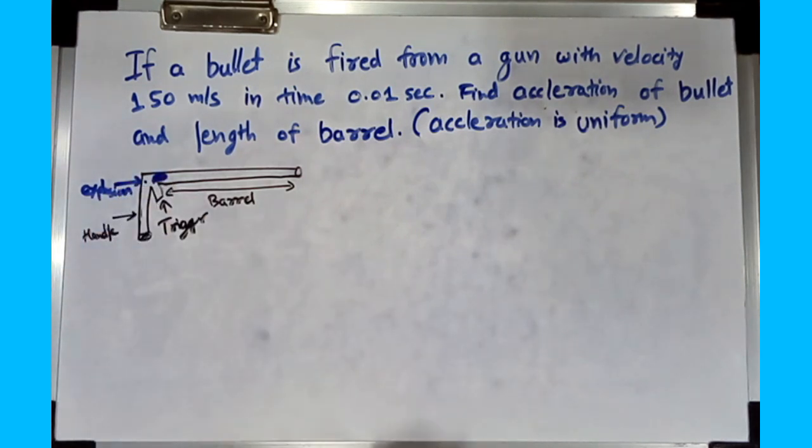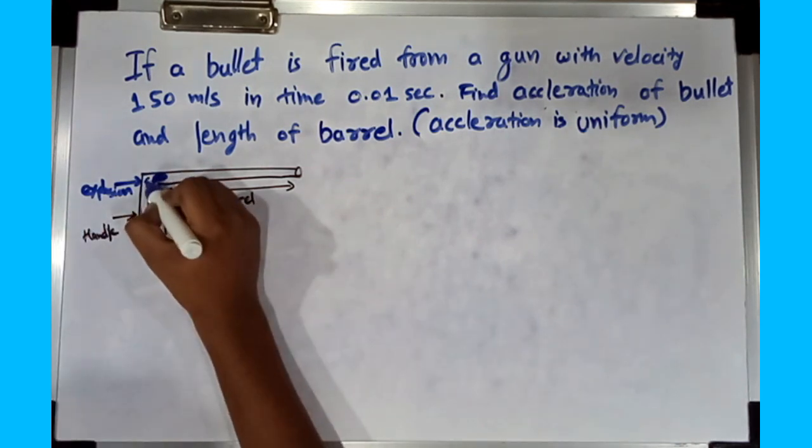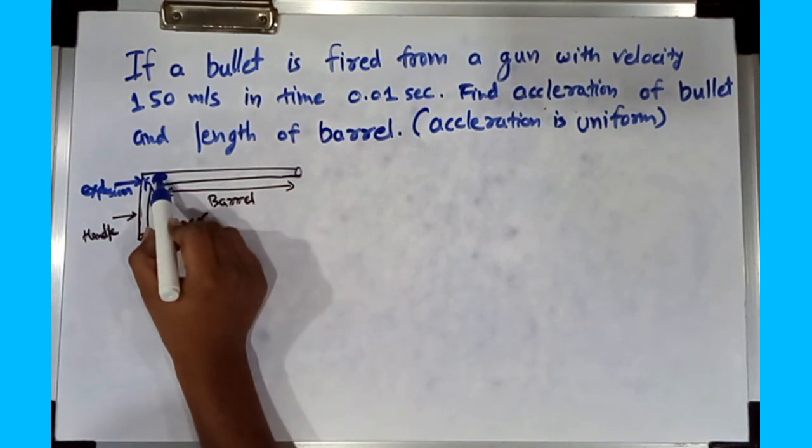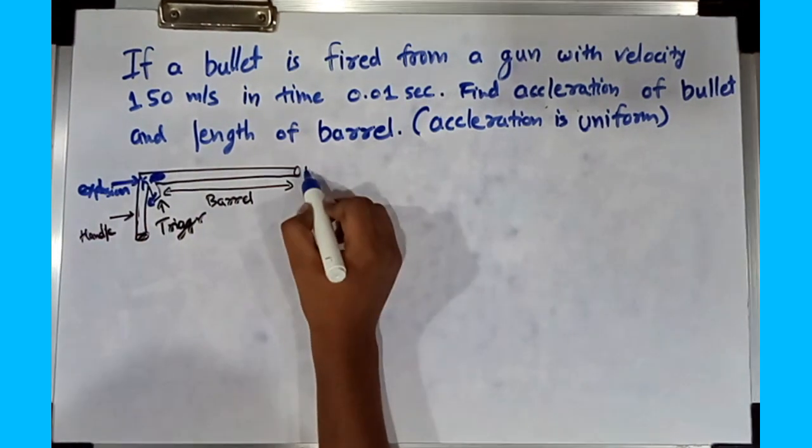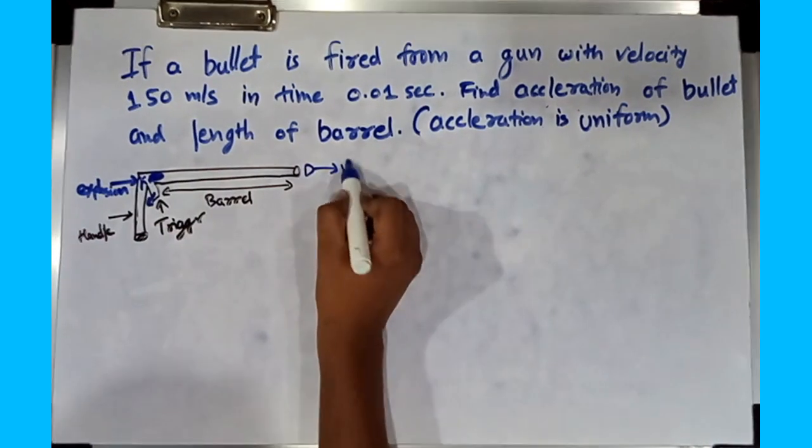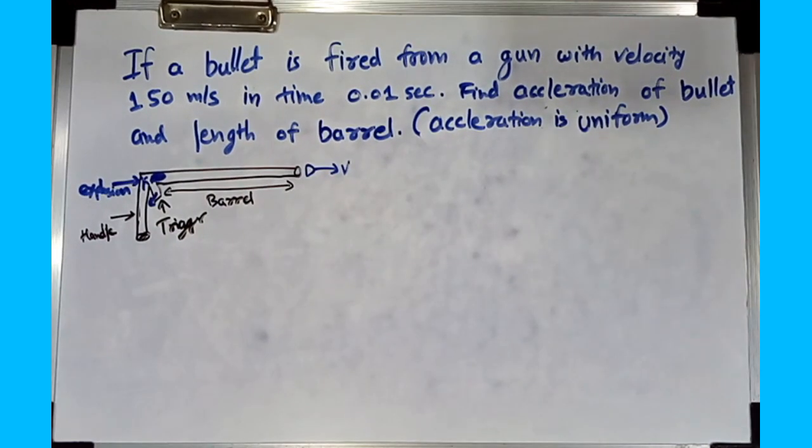When someone pulls the trigger, there is an explosion, and this explosion moves the bullet from zero velocity to the final velocity. So as we know, before pulling the trigger, the velocity of the bullet is 0.